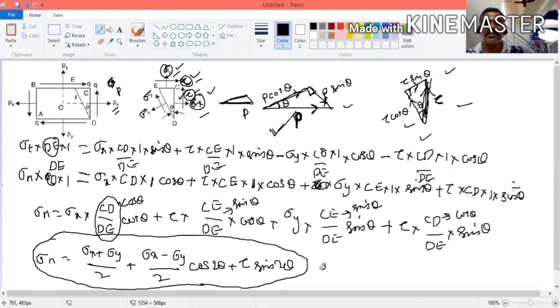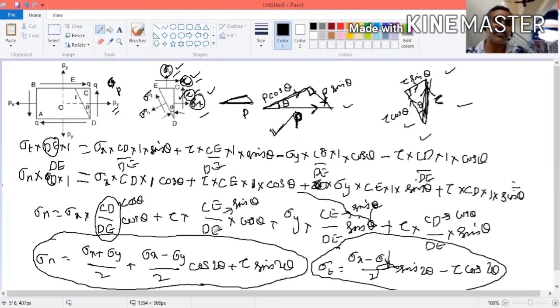Finally, you will get sigma t is equal to sigma x minus sigma y by 2 sin 2 theta minus tau into cos 2 theta. This is the equation you will get.